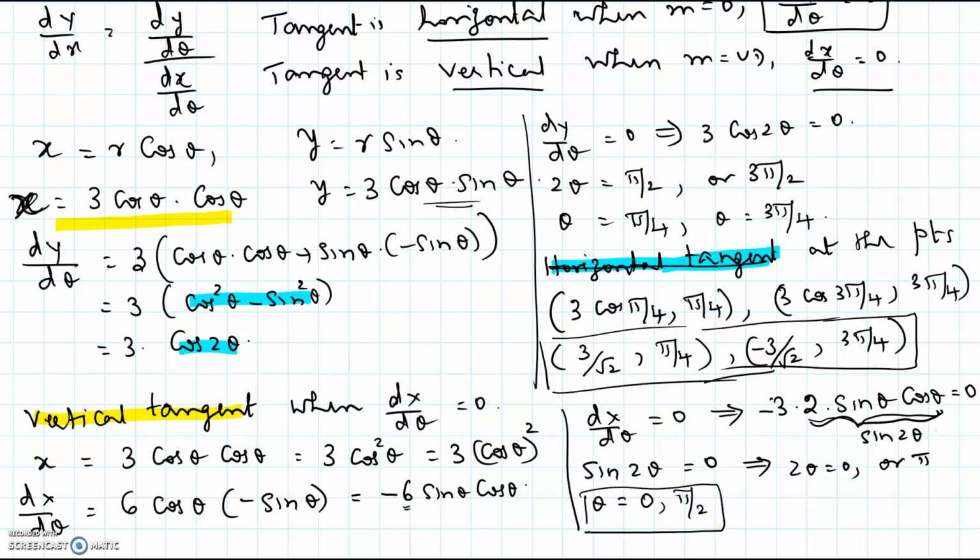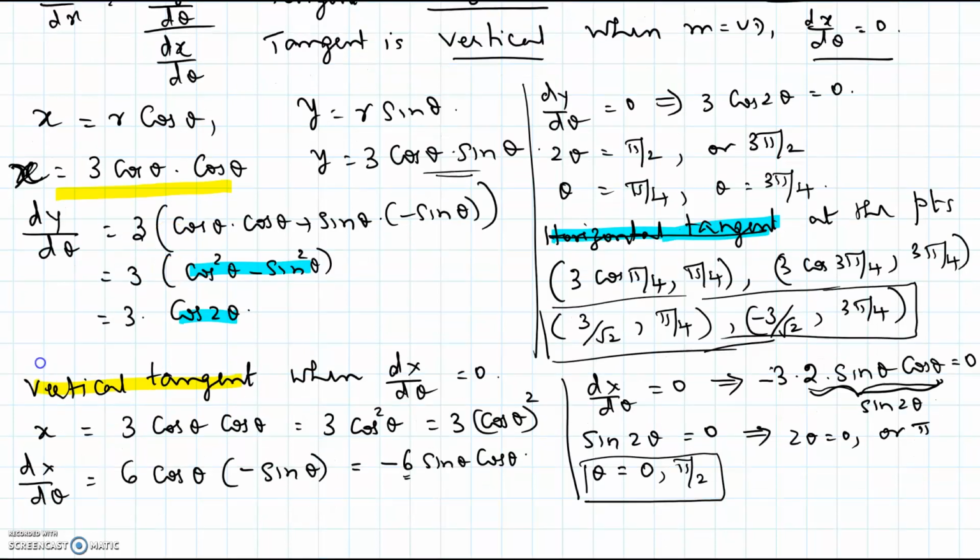Now we have to get the corresponding values of r. R is given to be 3 cosine theta in the problem.